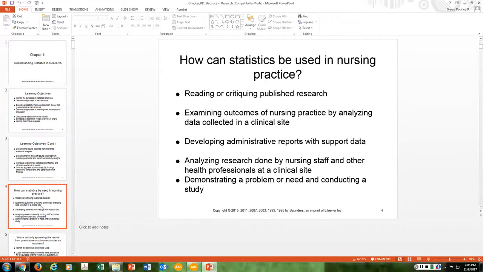Statistics can be used for reading or critiquing published research, examining outcomes of nursing practice by analyzing the data collected in a clinical site, developing administrative reports with support data, analyzing research done by nursing staff and other health professionals at a clinical site, and demonstrating a problem or need and conducting a study.